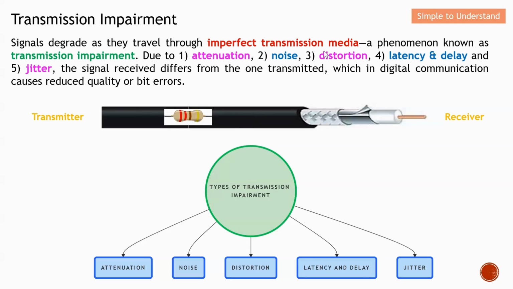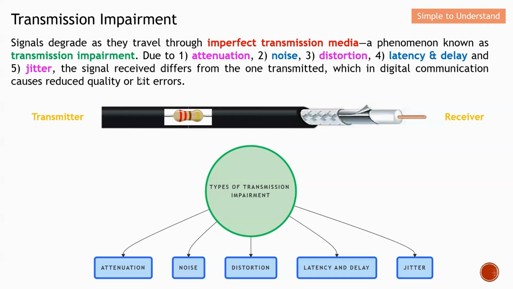Next will be distortion, and latency and delay. As I mentioned earlier, when there is a distance between the transmitter and receiver, you will definitely have some form of delay because the signal needs time to propagate from one place to another. The longer the distance, the longer the delay. Last but not least, jitter.